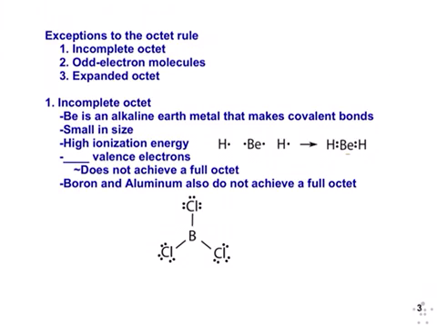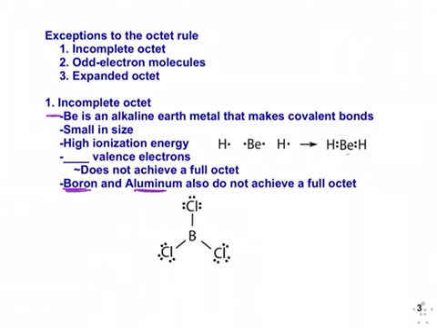So, incomplete octets generally happen with beryllium, boron, and aluminum. For these, you just need to memorize which elements are the exceptions. Beryllium is an alkaline earth metal, and it makes covalent bonds.